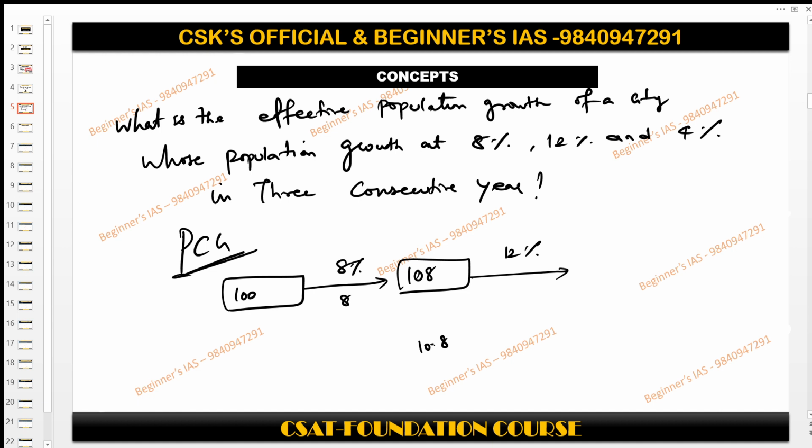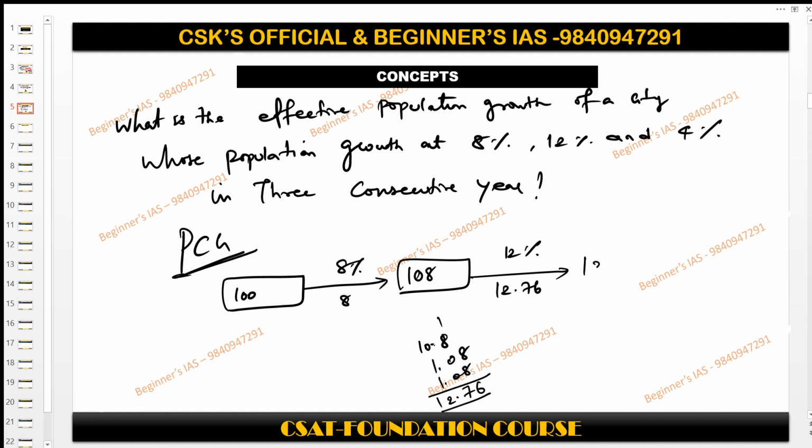So 10 percentage is 10.8. Then what is the 1 percentage? 1 percentage is 1.08, right? Again 1.08. So therefore 16, 1 year, then 7. So therefore 12.96. So now you can add this one.